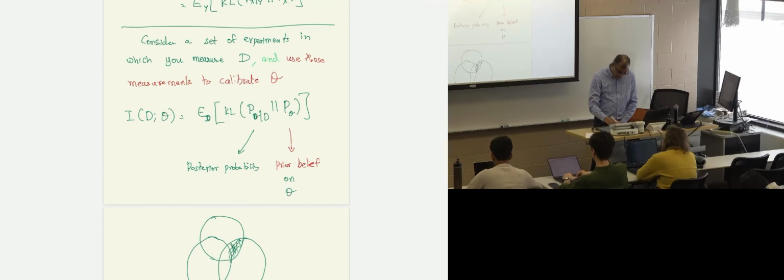So anyway, this is important. So mutual information is also expected information gain.